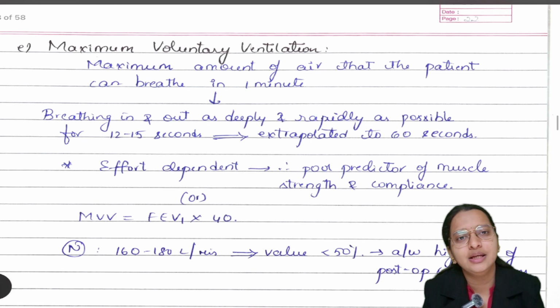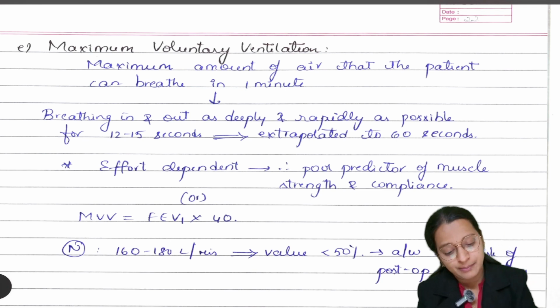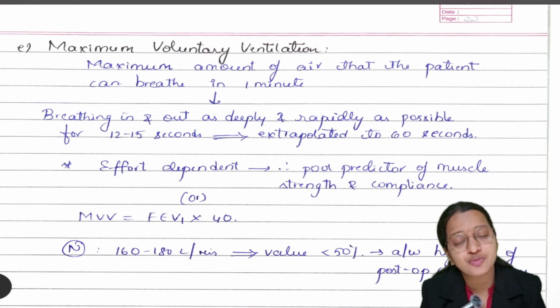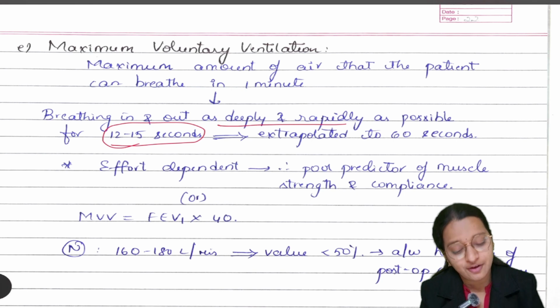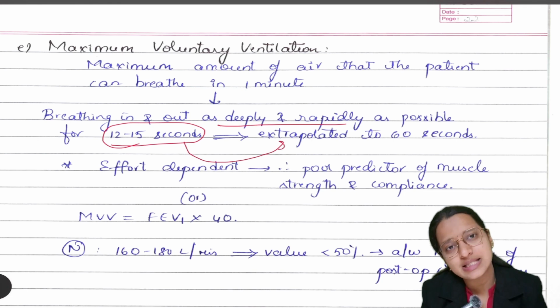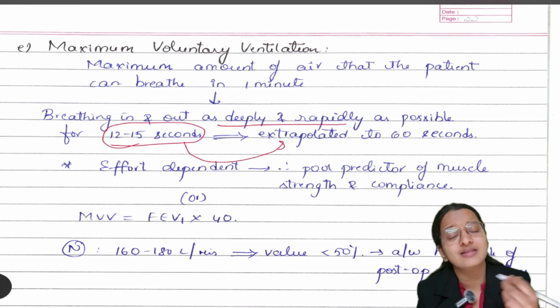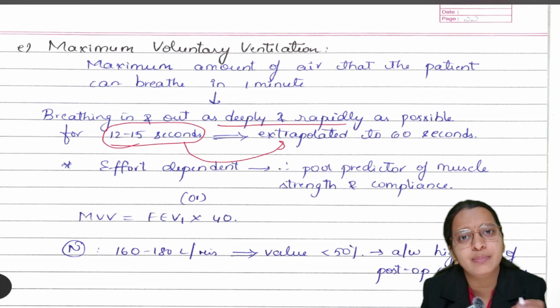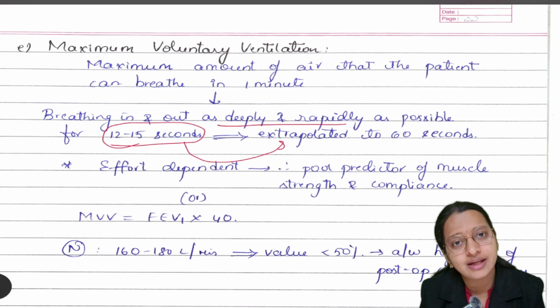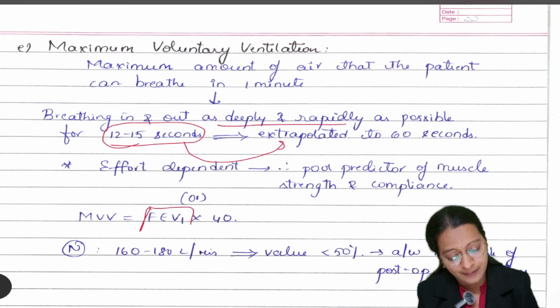Finally, maximum voluntary ventilation will be asking the patient to breathe in and out deeply and rapidly for 12 to 15 seconds. And now we will extrapolate to 60 seconds. Okay. We can't ask the patient to do it for the whole minute. So we'll be asking for 12 to 15 seconds. Or directly we can calculate the MVV by using FEV1.